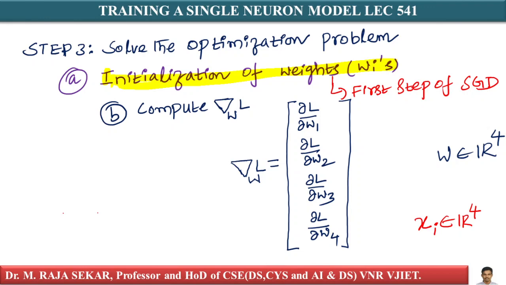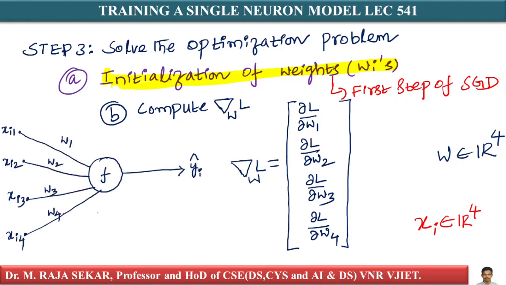Your W belongs to R4 because your Xi belongs to R4 in this example. Xi has got 4 values: Xi1, Xi2, Xi3, Xi4.